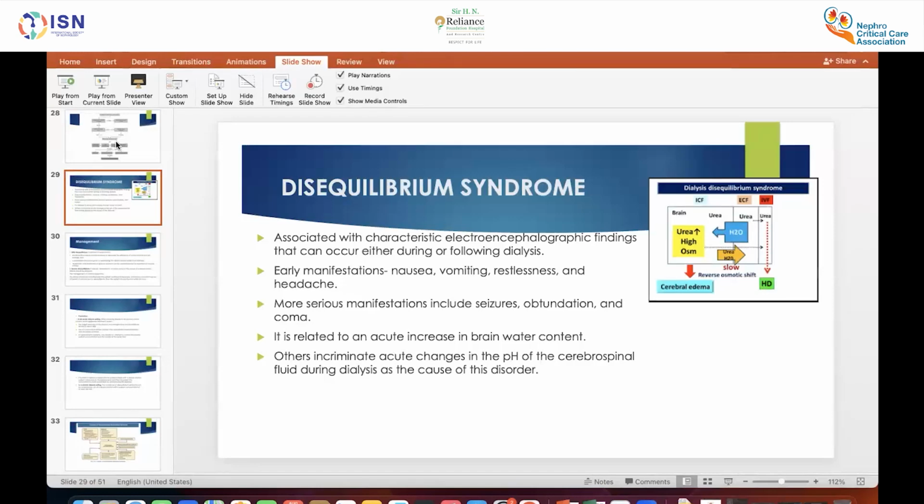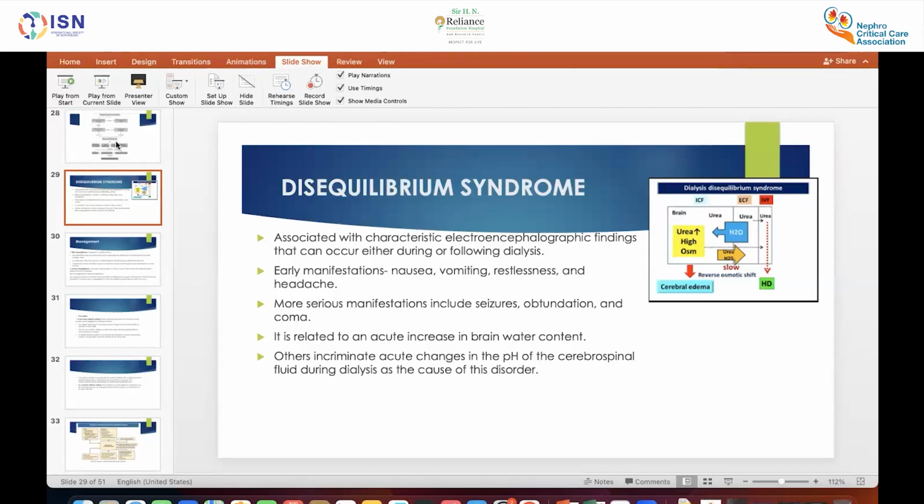So what do you mean by dialysis disequilibrium syndrome? It is basically a syndrome which is happening due to osmotic imbalance. pH change happens, but more important than the pH change is the osmotic imbalance. Both can contribute.